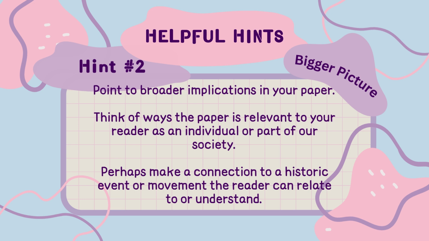So step back and think, what is the broader implication of the paper? If you wrote an essay on Virginia Woolf and you wrote about the way that she has influenced writers, you may want to step back and look at an even broader implication. How did she influence the feminism movement that happened? So step back and take a look at the bigger picture and hopefully be able to come up with ways that the reader can connect.